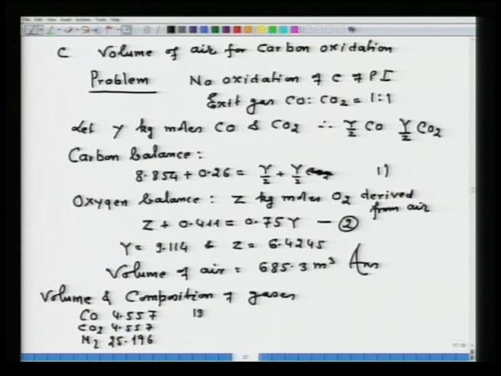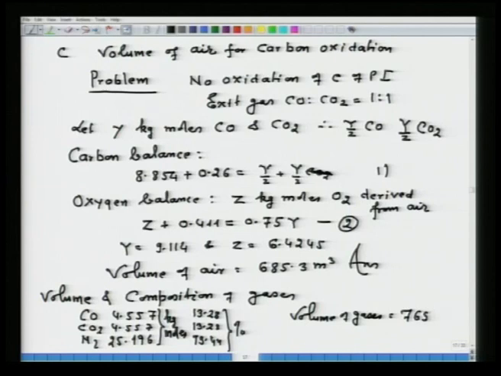So, the composition will be 13.28, 13.28 and 73.44, they are all in percentage, whereas the others are in kg moles. Now, volume of gases is easy to find out; that will be 765 meter cube.